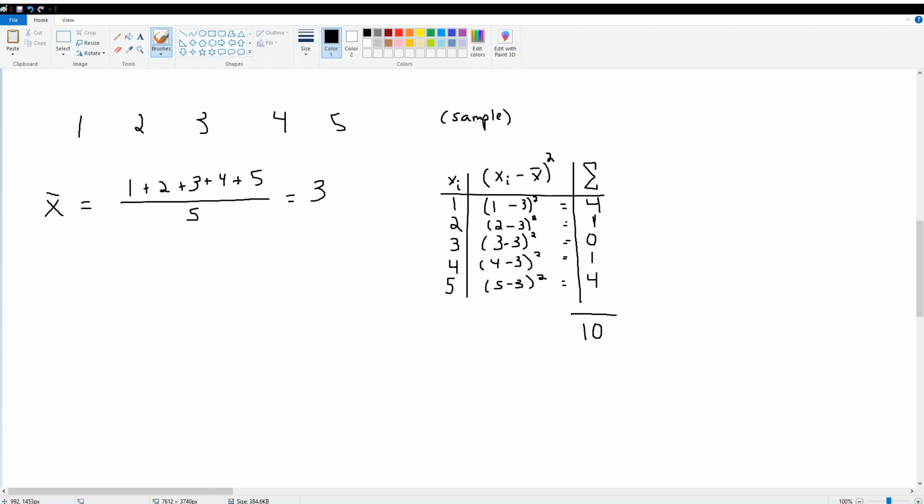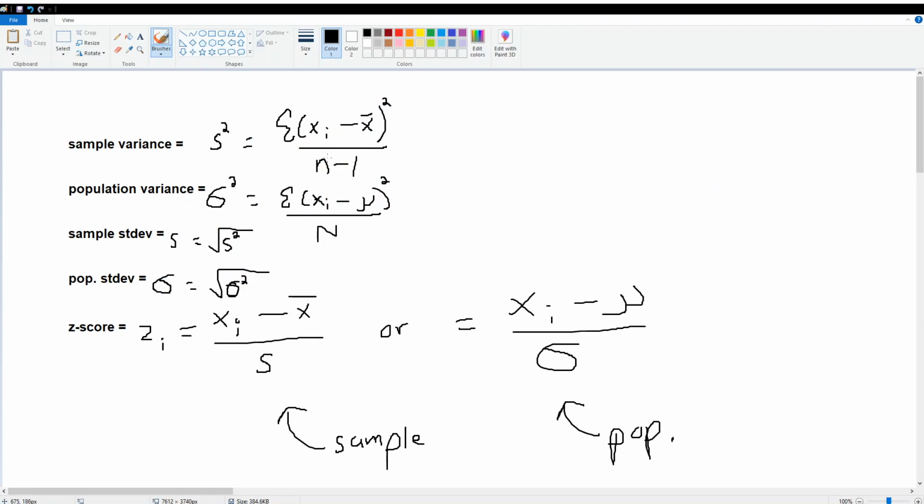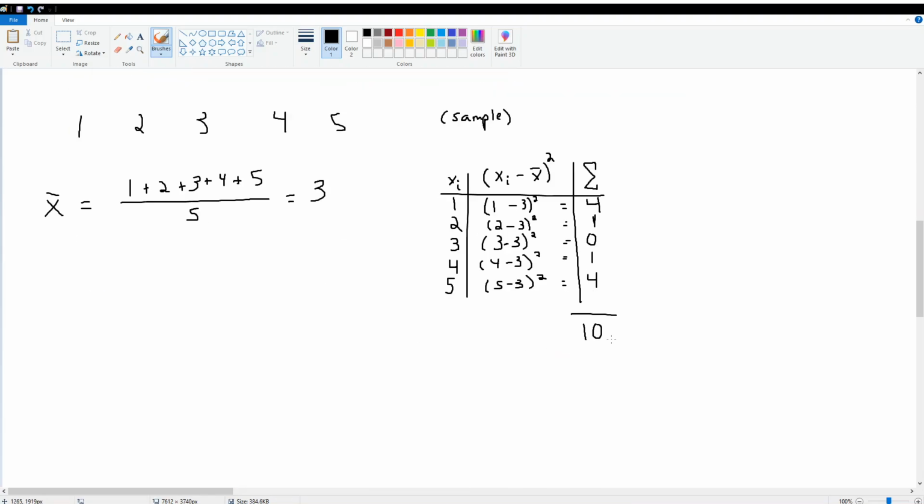Finally, since this is a sample, we need to divide by n minus 1. So, in this case, we have 10 over 5 minus 1. So 10 over 4, 2.5 is the sample variance, or s squared.